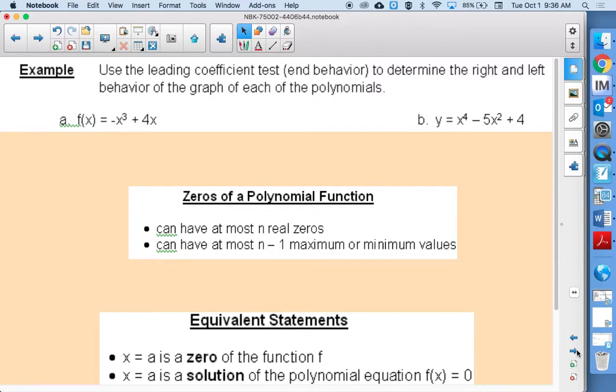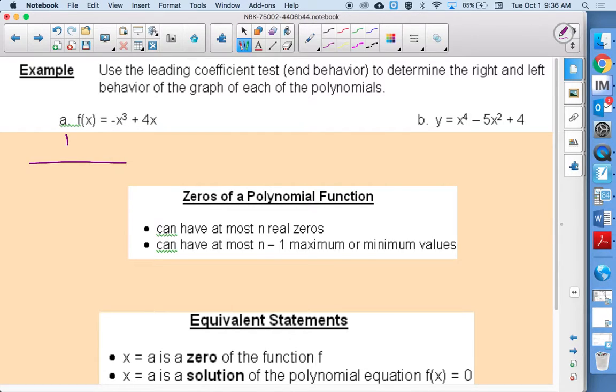it does say to use the leading coefficient test, which really means think about the 4 cases of end behavior. Determine the right and the left behavior of each graph of the polynomial. So we're going to try to do this without graphing, and then you can take a peek at the graph using the calculator just to see what's happening.